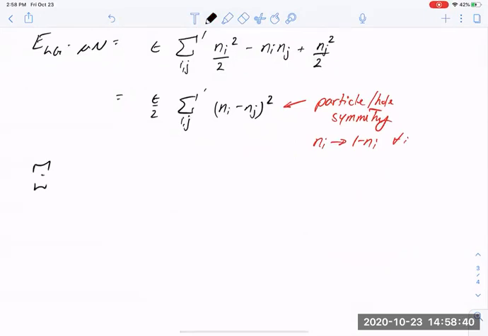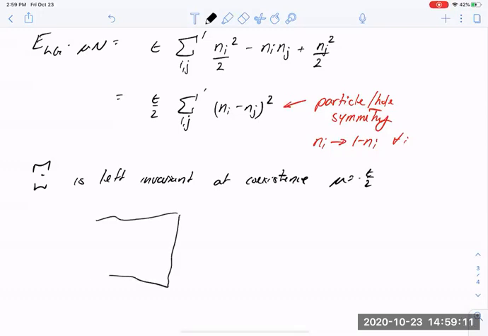Pictorially, we would say that along this symmetry line, the line at which filled and empty arrangements have equal weight, pictorially we can imagine that as, say, a lattice that looks like this.